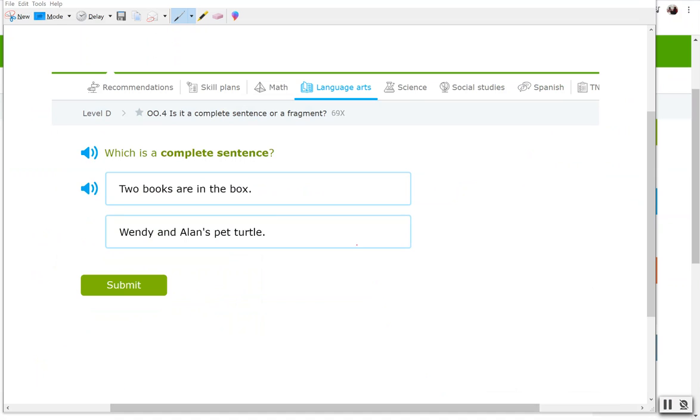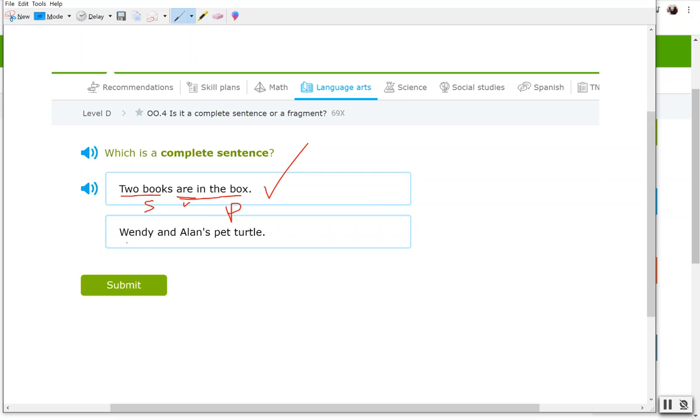Awesome. All right, this one says, which is a complete sentence? 2 books are in the box, or Wendy and Alan's pet turtle. So this first one, it says 2 books, that's our subject. Are, that's a verb, in the box. So that whole thing is our predicate. So that one has a subject and a predicate, and it's a complete thought. 2 books are in the box, period.